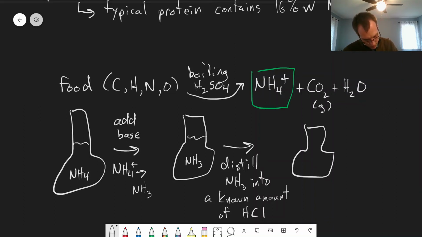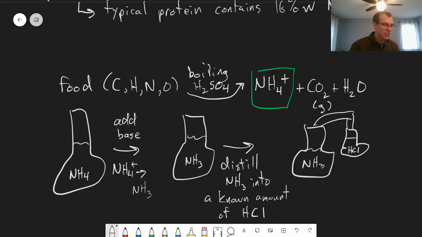So if we want to visualize this, our NH3 is being boiled and distilled into a badly drawn flask full of HCl that we know the amount of. The HCl is in excess, and so we back titrate the leftover HCl to figure out how much reacted with the NH3.